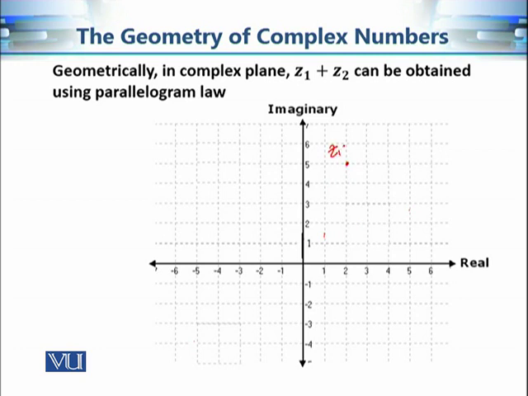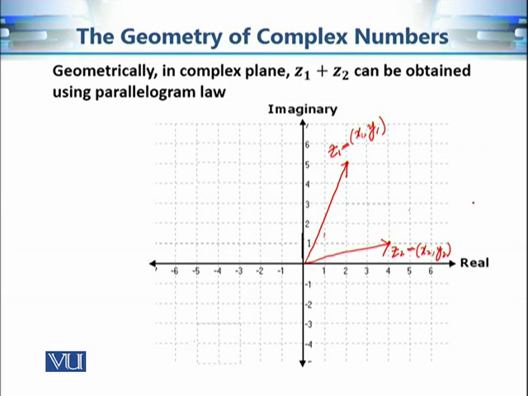Consider this complex number z1 with coordinates x1, y1, and consider another complex number z2 with coordinates x2, y2. As we have seen, we can associate two vectors to these two complex numbers, this one and this one.